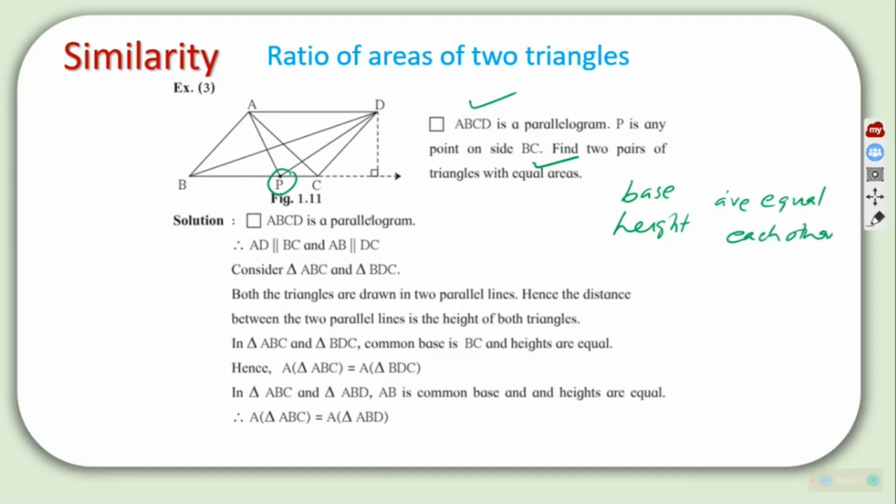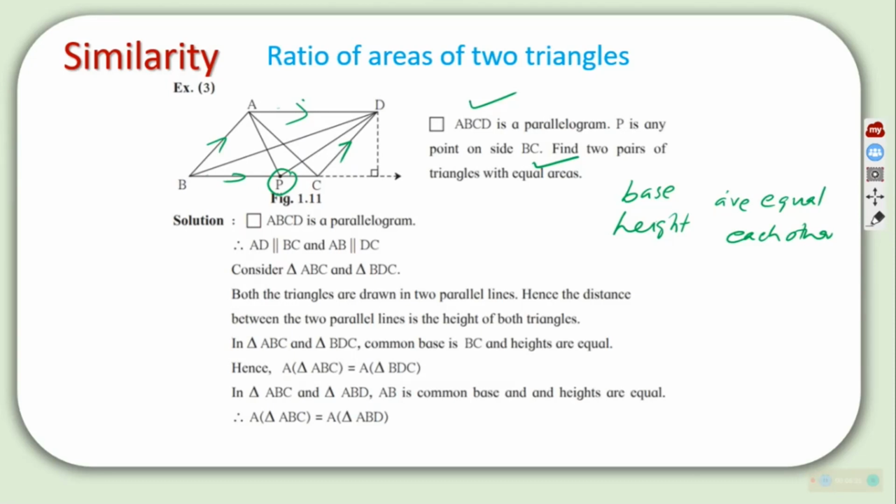Correct? So AB is parallel to CD, and BC is parallel to AD. These are some peculiarities of a parallelogram.